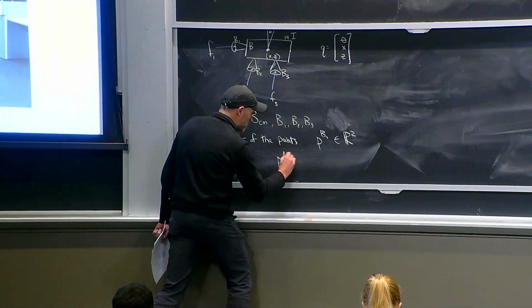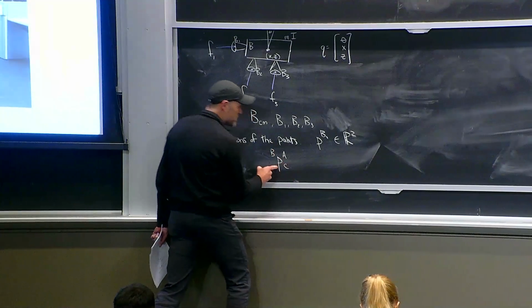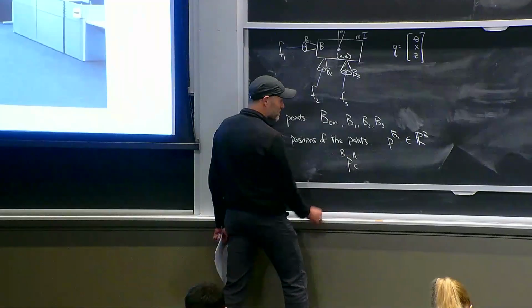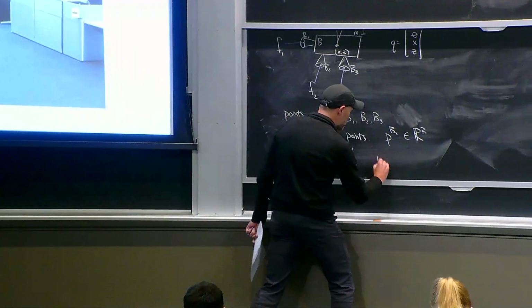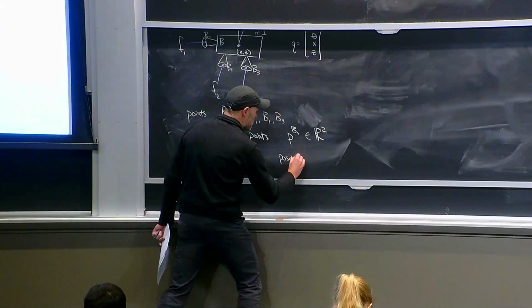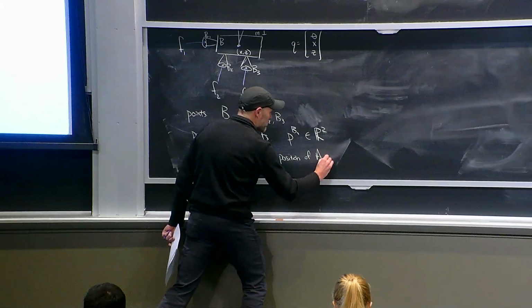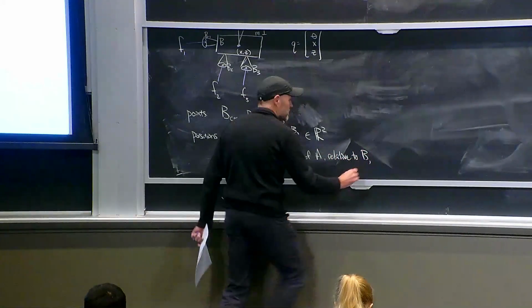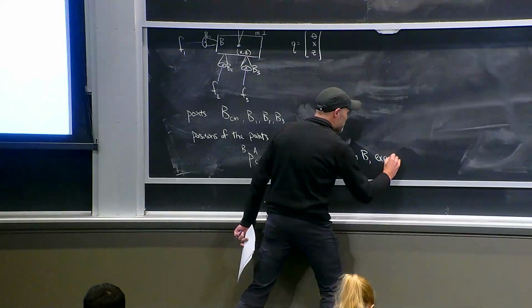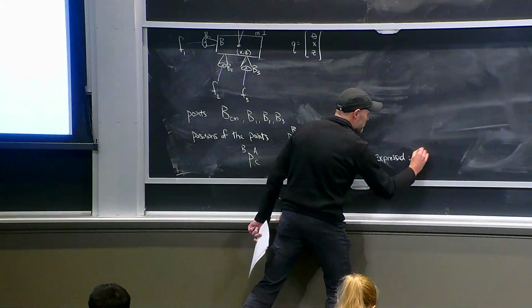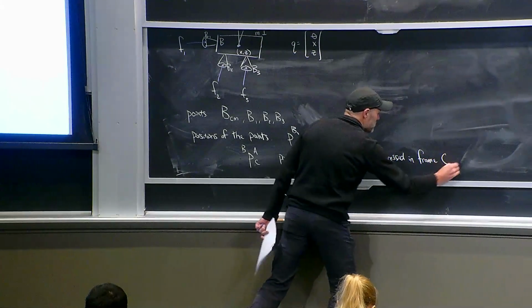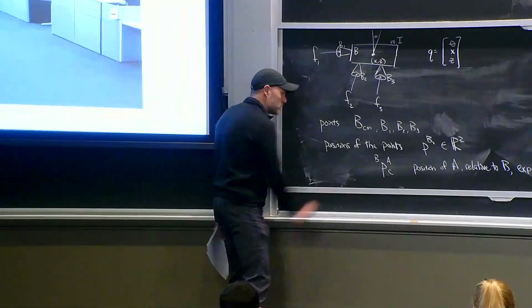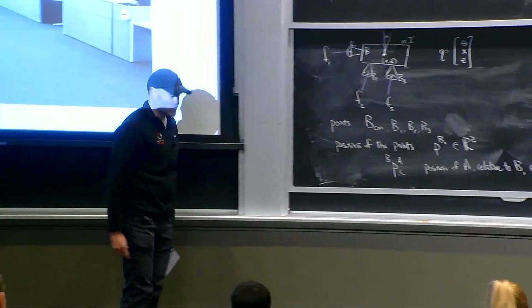But in general, we write positions with two superscripts and one subscript around it, where this is the position of A relative to B expressed in frame C. Okay, I'm not going to dwell on this, but I'll put enough that you'll see why I put a few of those notational scribbles up.